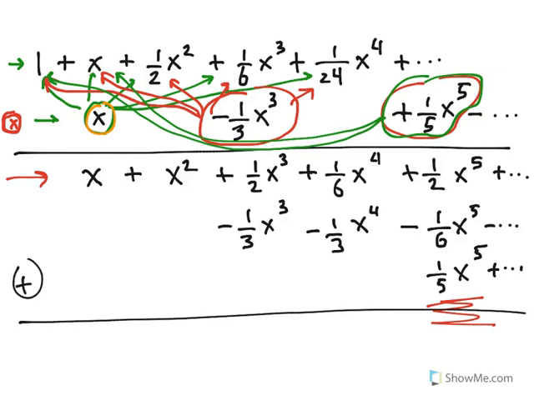And if I add the like terms, which are already lined up, I will have x plus x squared. And then I can add these two like terms.